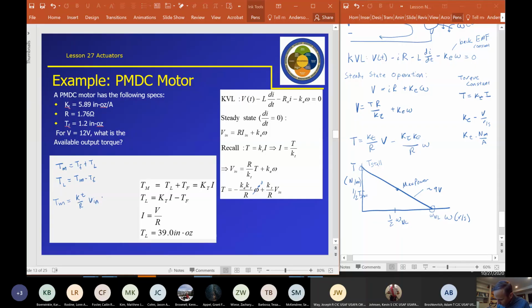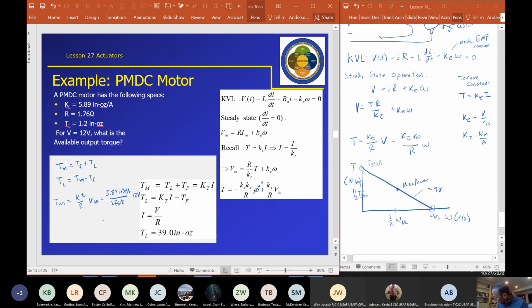In this case, that's 5.89 inch ounce per amp over 1.76 ohms times 12 volts.